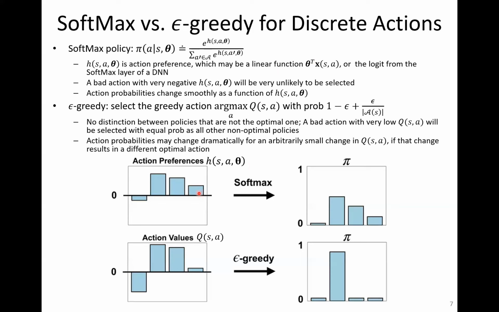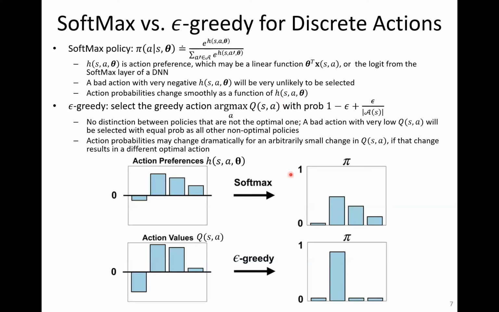Here it shows the mapping from action preferences, the logits, through the softmax operator to the probability of taking each action. A bad action with a very negative action preference H will be very unlikely to be selected due to the exponential operator. So action probabilities change smoothly as a function of H.